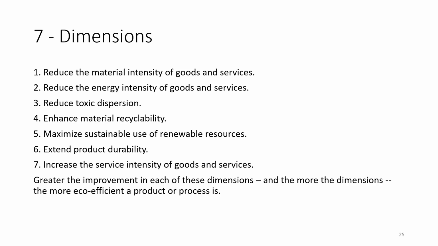Maximize sustainable use of renewable resources, extend product durability, and increase the service intensity of goods and services. The greater the improvement in each of these dimensions, and the more the dimensions, the more eco-efficient a product or process will be.